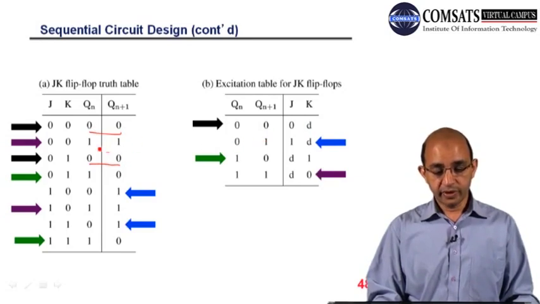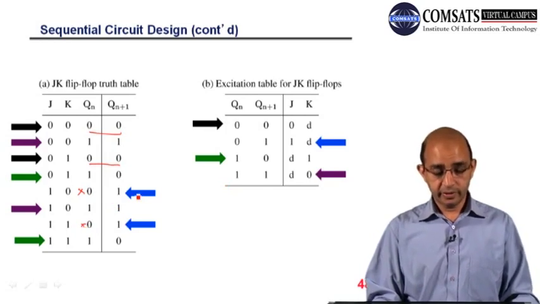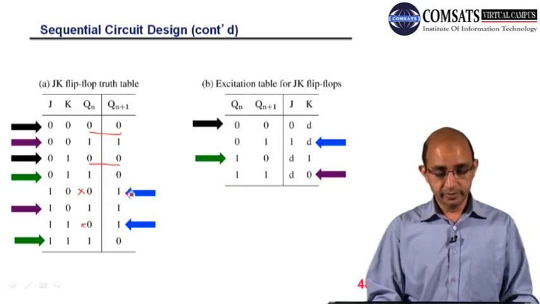And for 0 1, so let me put a cross here, and where is another 0 1. So I put a cross, or you can also use an arrow with a different color. For this 0 1, you can see we have J K 1 0 and this is 1 1.